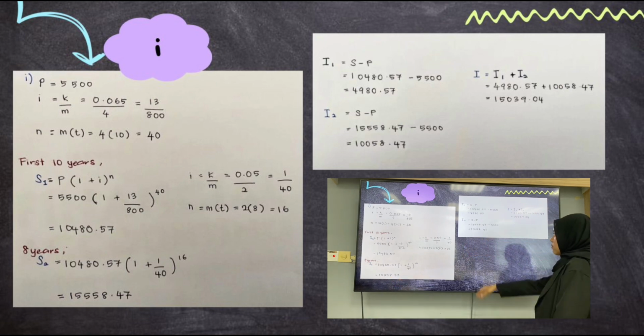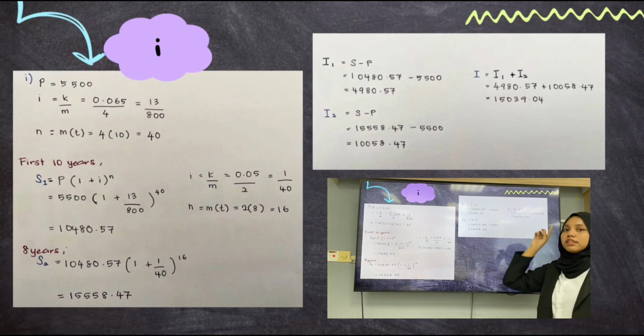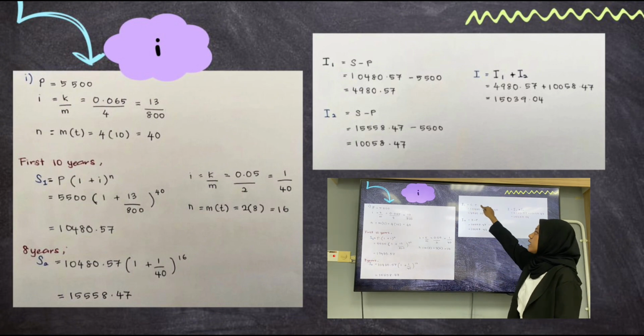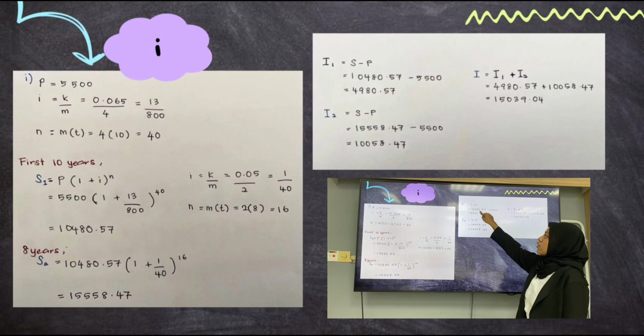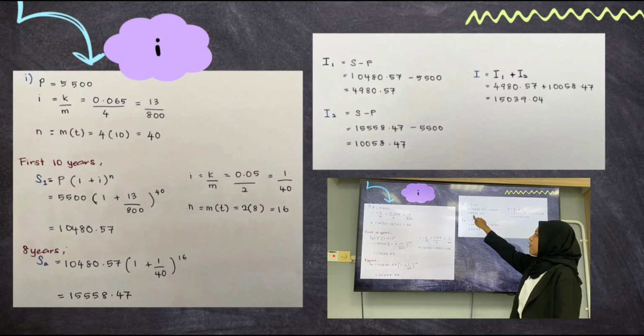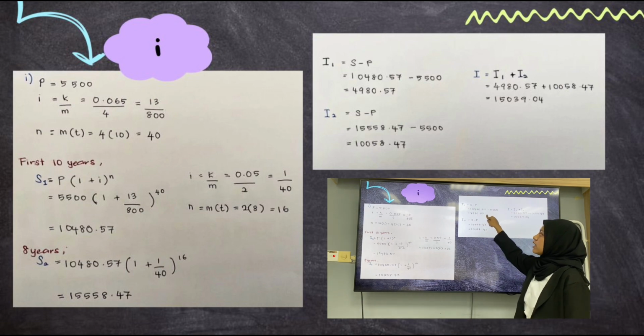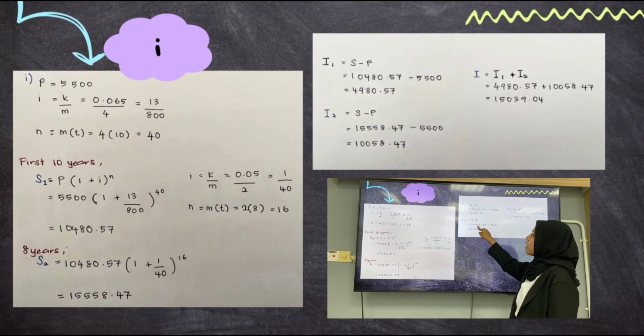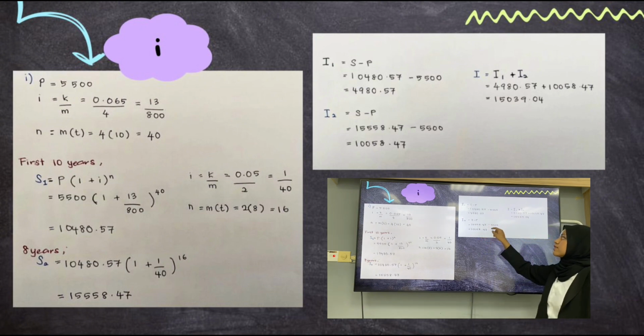So we need to find the interest, which is I1 and I2. So I1 is S1 minus P, 10480.57 minus 5500. So the answer is 4980.57. The second I is S2 minus P, 15558.47 minus 5500.